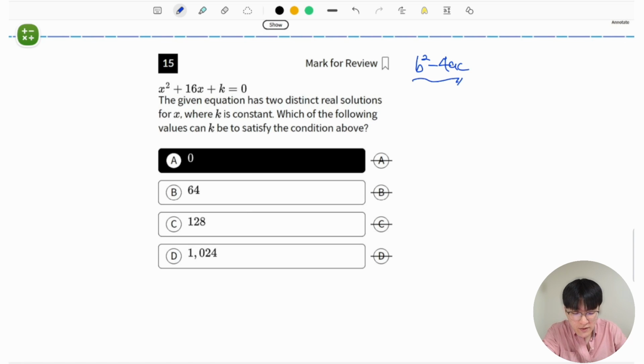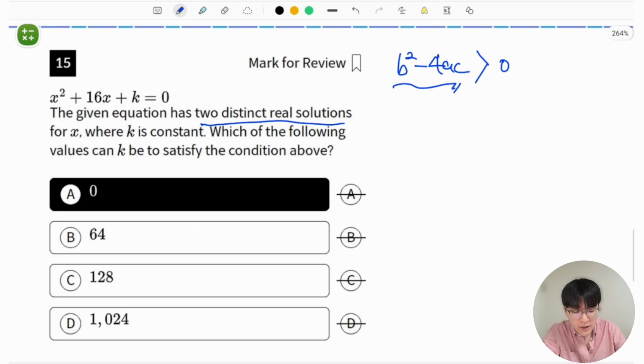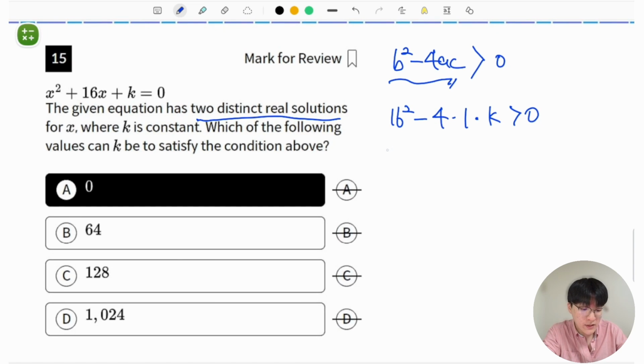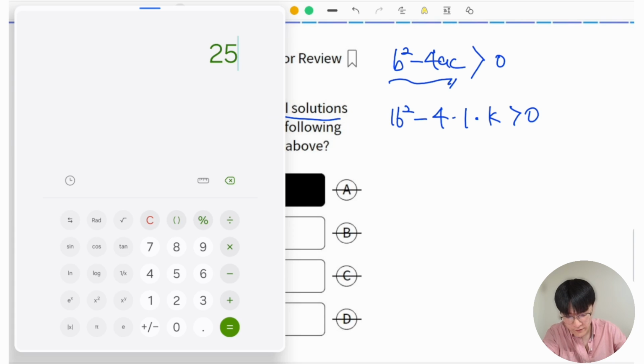So in this situation, since it said there are two distinct real solutions, we're talking about a value when b squared minus 4ac is bigger than 0. Let's take a look. B is 16, so 16 squared minus 4 times 1 times k has to be bigger than 0. 16 squared is 256.